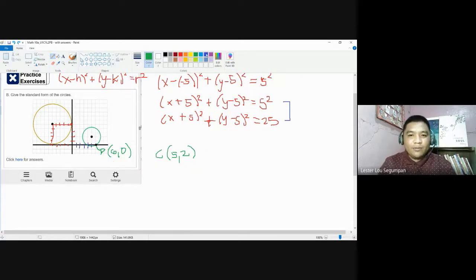The distance formula is written as the square root of x sub 1 minus x sub 2, take the square of it, plus y sub 2 minus y sub 1, and take the square of it.